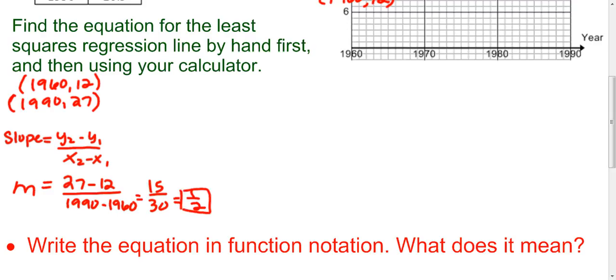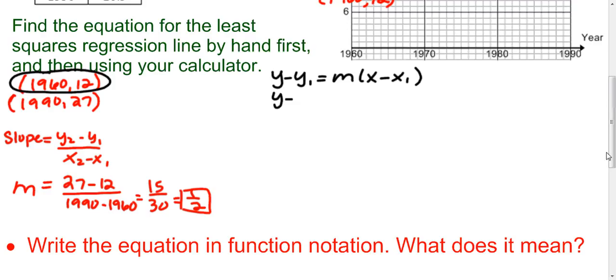All right, now that I know that, I'm going to use my point slope formula. Since I have 2 points I could use, I will use my m, which I already calculated to be 1/2, and I'll use either one of the points. I'm just going to choose this one. You could use either one. It doesn't matter, okay? So I am going to do y minus y1, which is 12, equals my slope, which I just calculated to be 1/2, times x minus my x1, which is 1960.